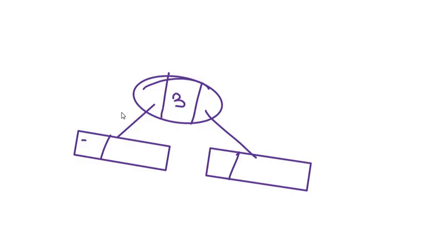The right child will be B with frequency 2, and C with frequency 1. There are no left or right sub-child nodes, so I am marking them as null. This is one subtree that we have drawn.